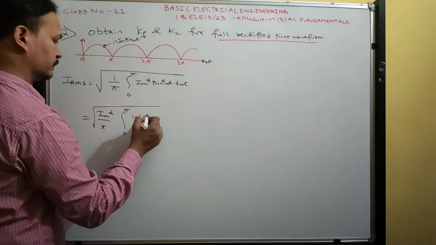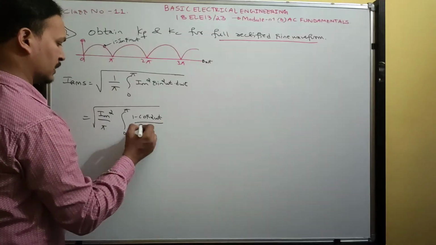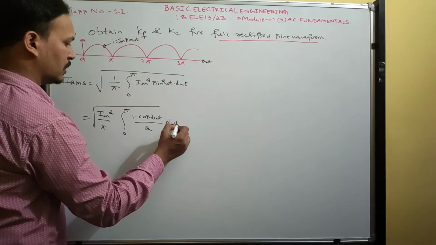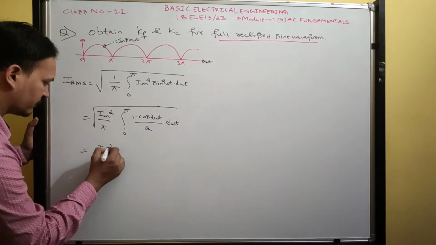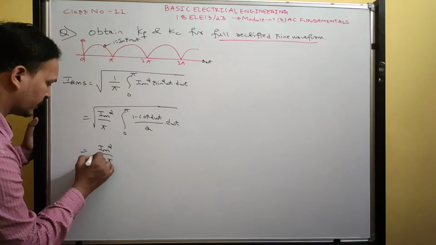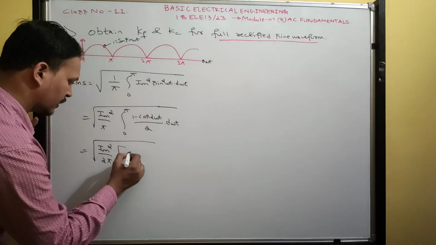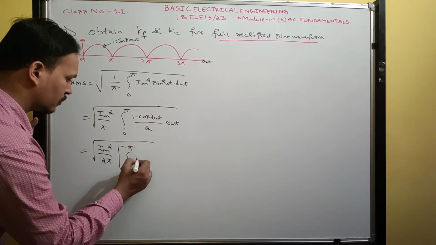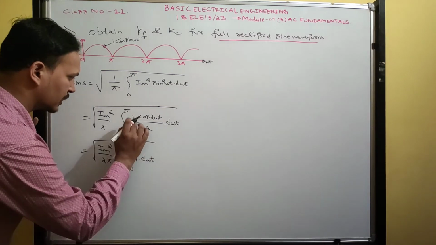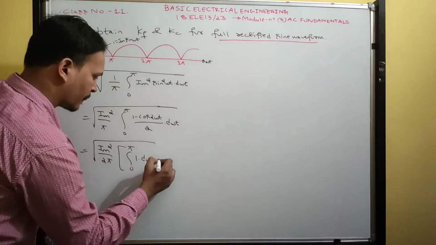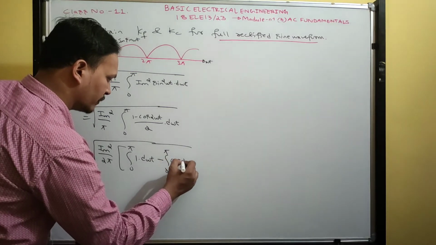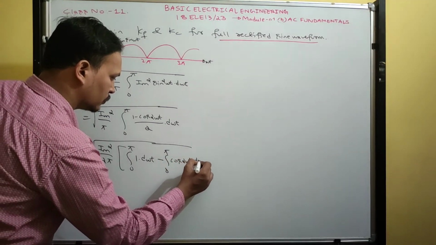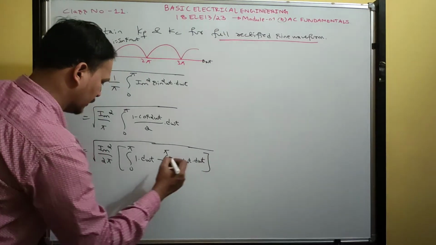Write the formula: 1 minus cos 2 omega t by 2 into d omega t. Take the 2 outside. So it becomes Im square by 2 pi, whole square root of, the integral 0 to pi of 1 into d omega t, splitting these two terms into separate integrals, minus the integral 0 to pi of cos 2 omega t d omega t.